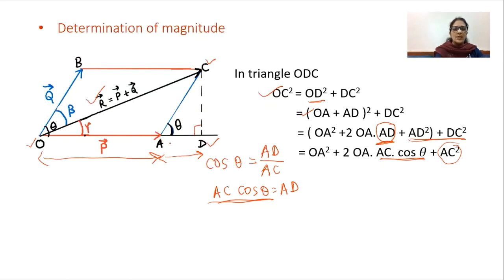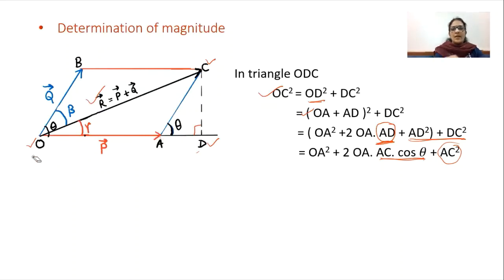Let me rub off the other writing a bit so that the screen is clearer. We want AD square plus DC square. In triangle ADC, this small triangle, AD square plus DC square is, again according to Pythagoras, AC square.